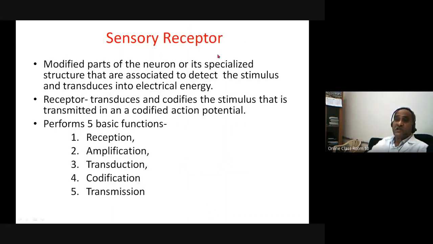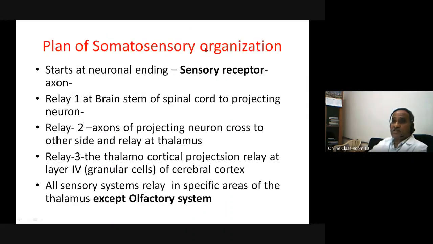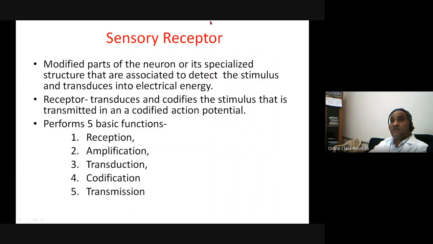Then what is a sensory receptor? If you are looking at this aspect, this is the starting point here, the neuronal ending, the sensory receptor. What is a sensory receptor? It's a modified part of the neuron or a dendrite, or a specialized structure that is associated with detecting the stimulus, and not only detection, it transduces, it changes the format.